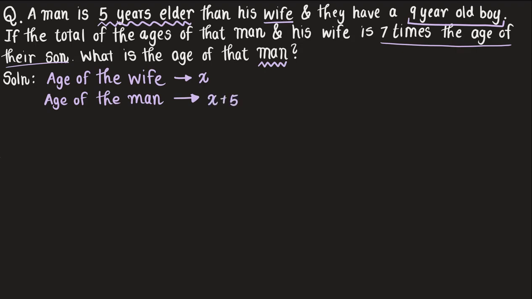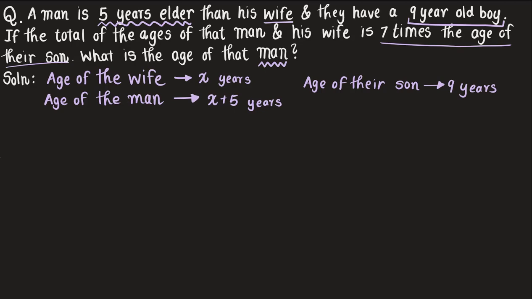So this is the age of the wife, that is x years, and the age of the man, that is x plus 5 years. We will also write here the age of their son, which is given here as 9 years. I'll write it clearly. 9 years.